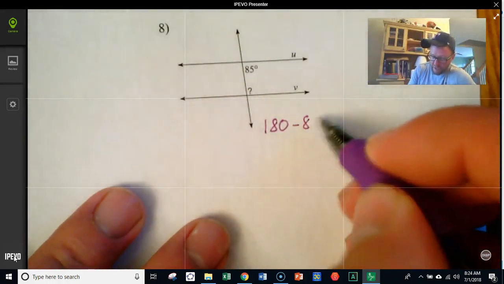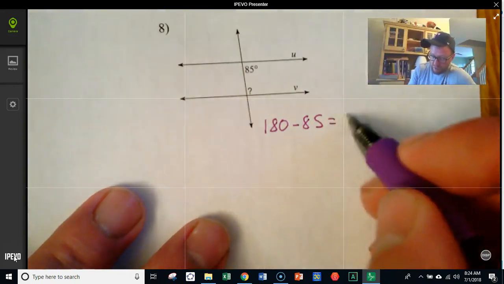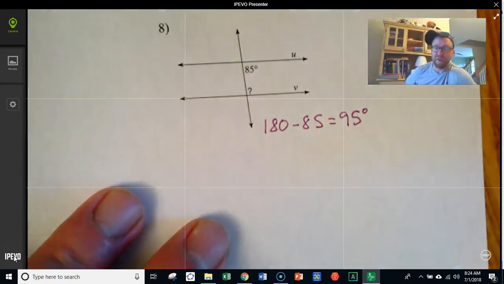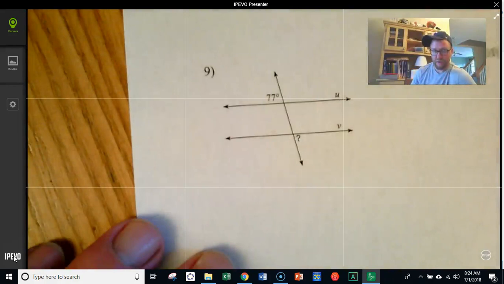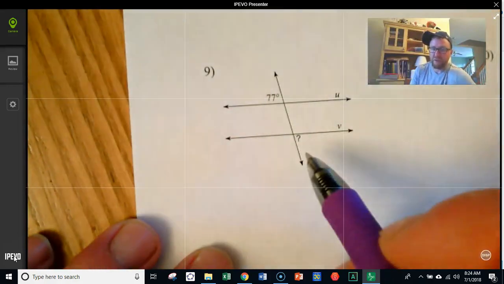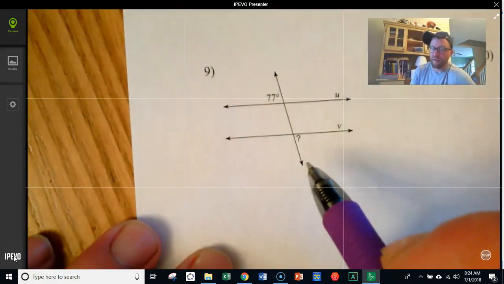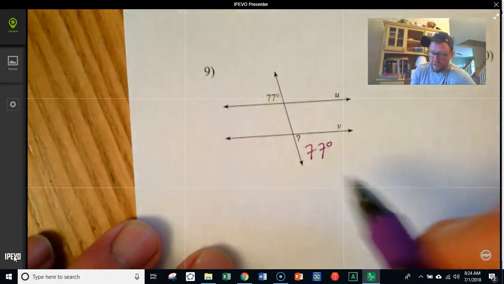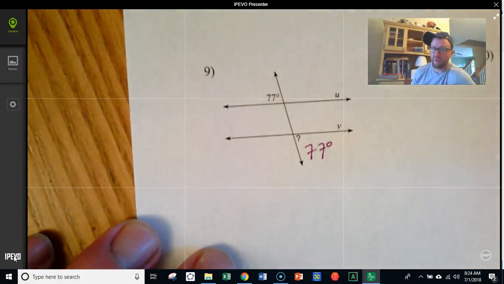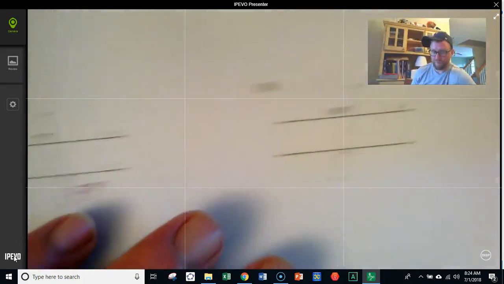So 180 take away 85 equals 95 degrees. So if the mystery angle is 95 degrees, then same side interior angles will be supplementary, and therefore the lines will be parallel. Here, these are opposite sides of the transversal. They're outside the parallel lines. They're alternate exterior. So if this one is 77 degrees, then alternate exterior angles will be congruent, and that'll tell us that the lines are parallel.